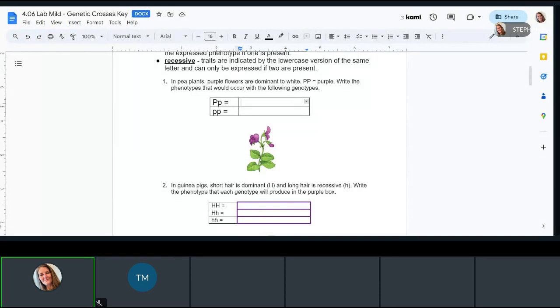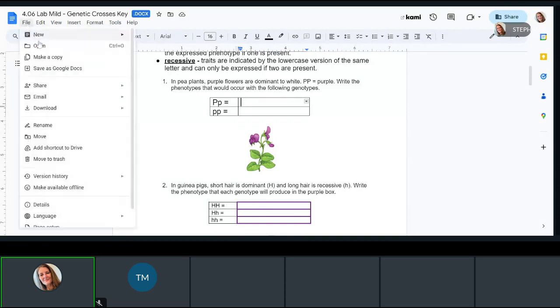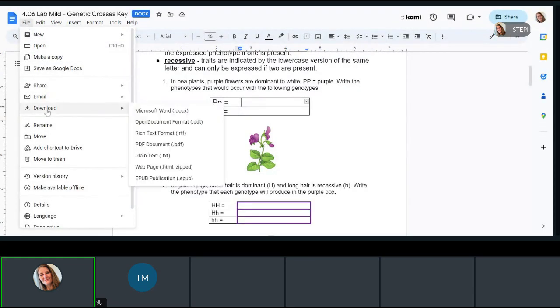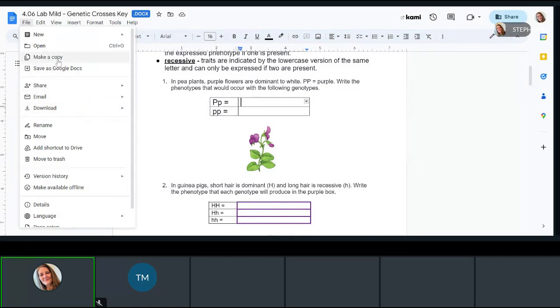It's in the link right here that's in the chat. So if you go to File right here and say Make a Copy or download it, one of the two, either download it to Microsoft Word so you have your own copy, or make a copy and you can do it in Google Docs.